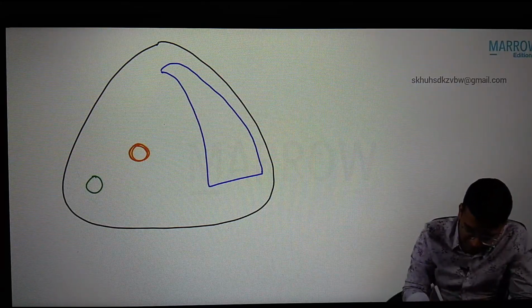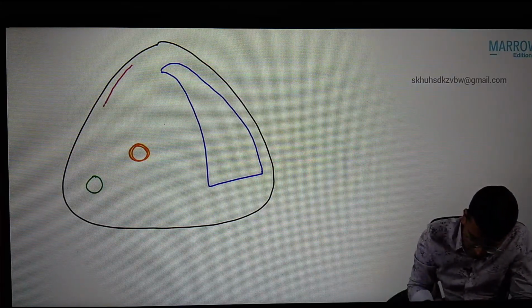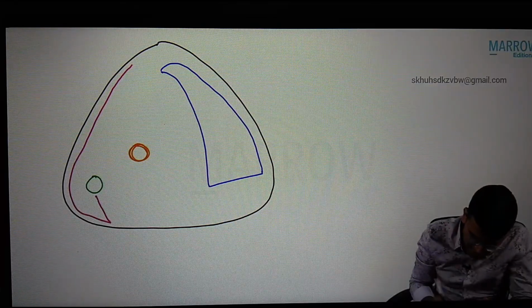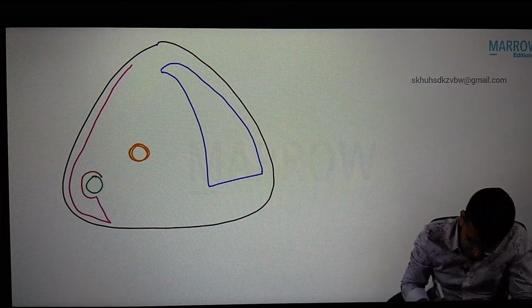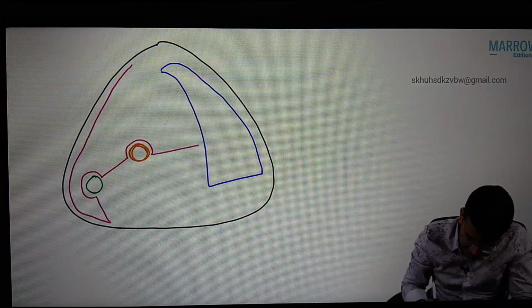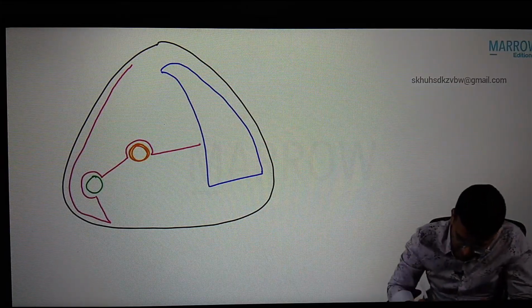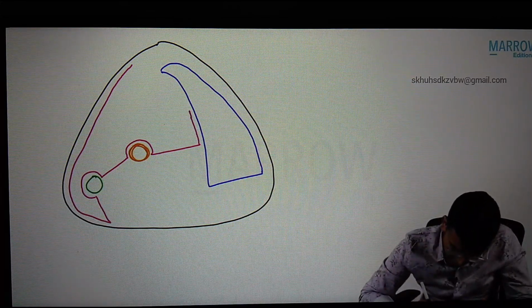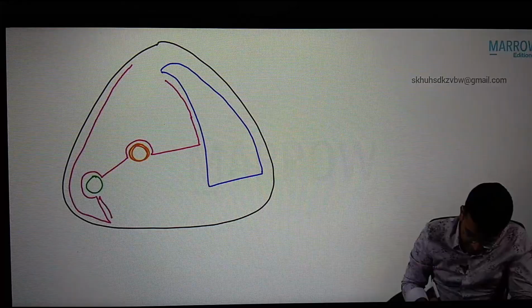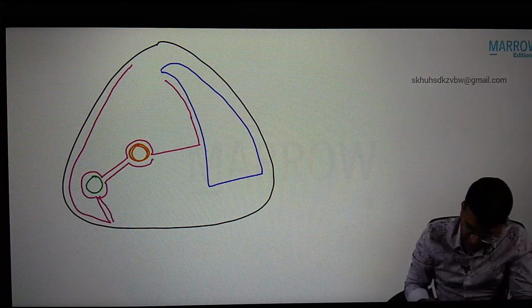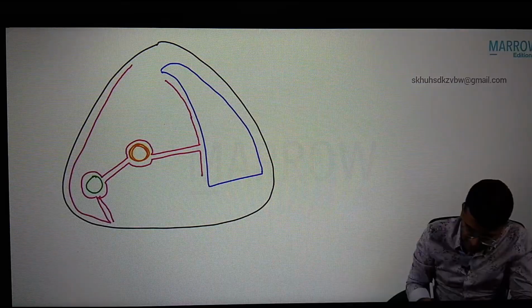This is the peritoneal fold from the posterior abdominal wall to the spleen, from the spleen to the stomach, from the stomach to the liver, like this. And again from the spleen to the kidney, from the stomach to the spleen, and it is coming here like this.